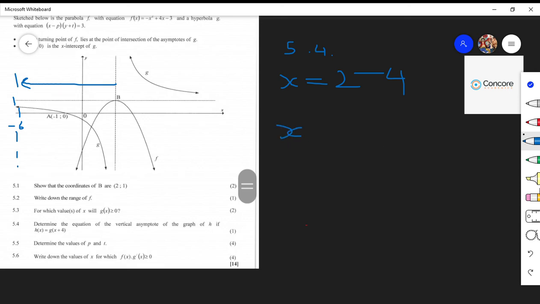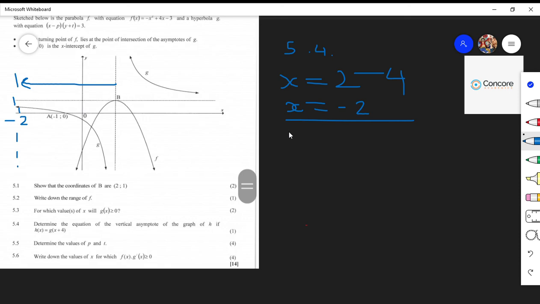So therefore our x value is going to be x is equal to 2 minus 4, which is negative 2. Okay, why did I put x on 6? So all we do is we shift our graph 4 units to the left.